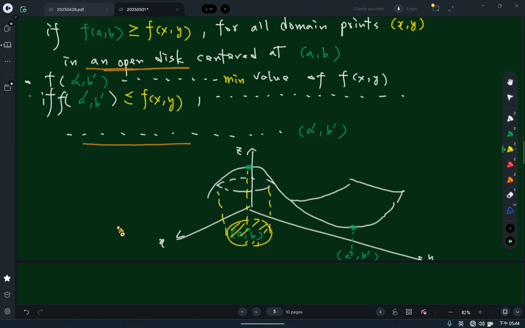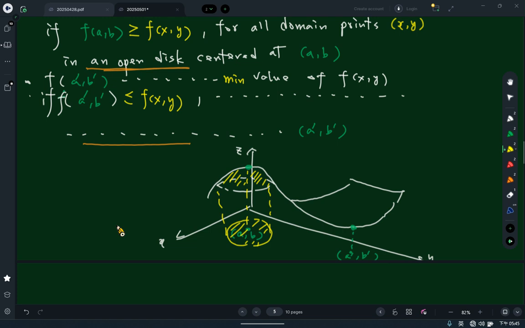Then you can see all points in this open disk map to function values, and you can see f of (a, b) is larger than or equal to f of (x, y).